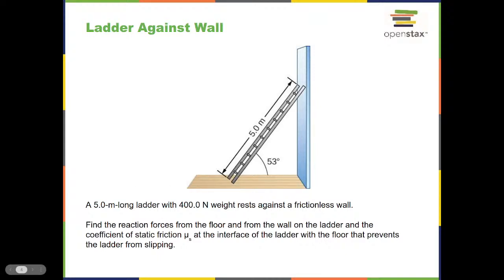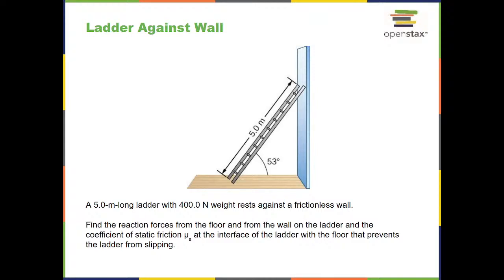And so we're asking, first of all, what's the reaction force from the wall on the ladder, but then also what is the minimum coefficient of static friction for which this static equilibrium will be satisfied.